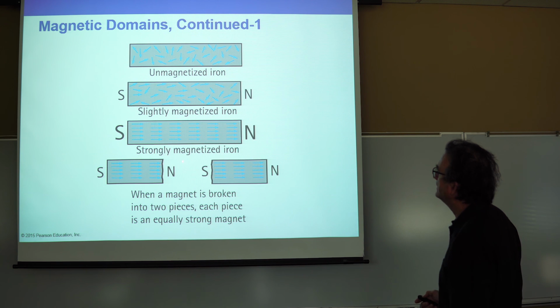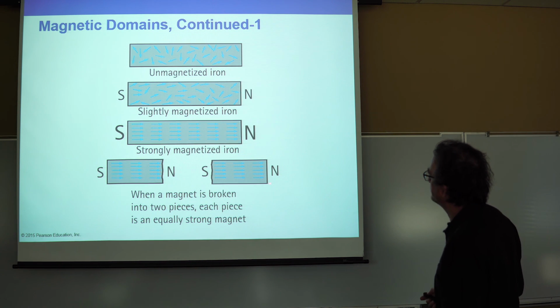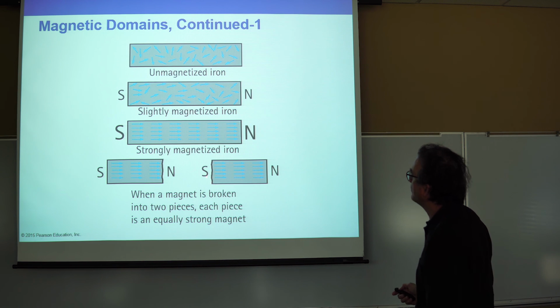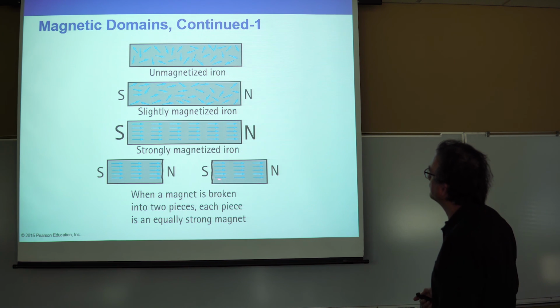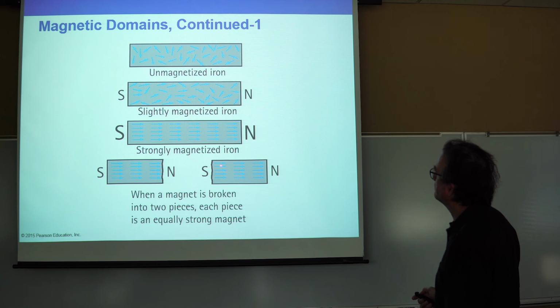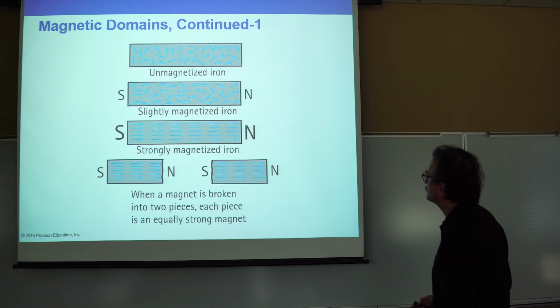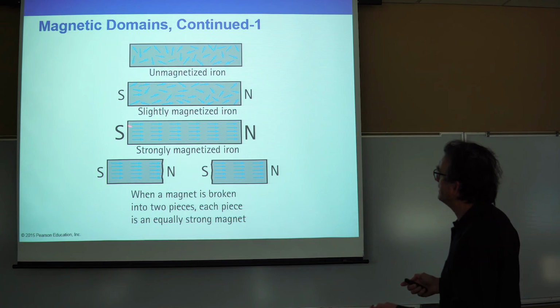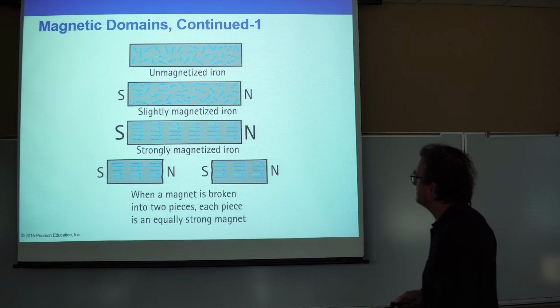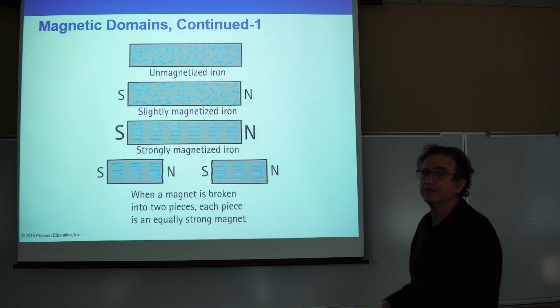And as a result, this simply becomes the North Pole of the magnet that complements the South Pole. And similarly on this end, where I had only the North Pole, I've now created a South Pole, because by breaking it in half, all the field lines at that end are pointing interiorly towards the North Pole. And so basically breaking a dipole, a bar magnet, in half simply makes two bar magnets, each having a North and a South Pole.